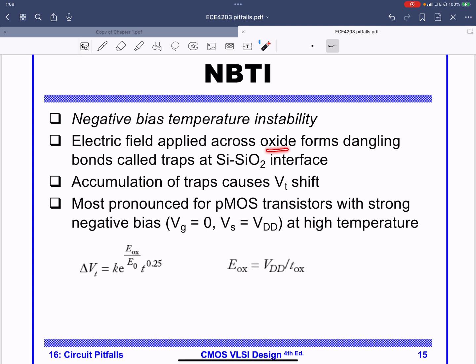So the oxide is the gate of your devices, especially the silicon dioxide interface right at the channel of the device. If you draw the channel, this is the oxide, and this is silicon. Right at that interface, there are invariably what are called dangling bonds.